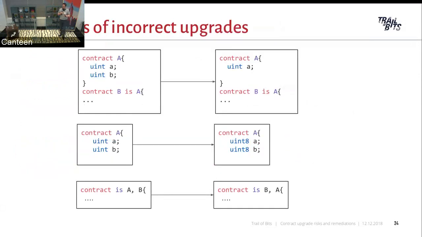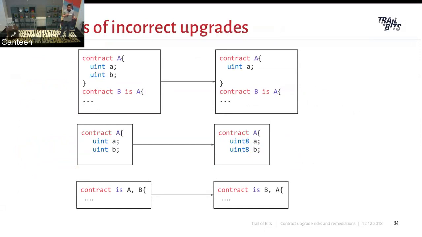So this is just one example of what can go wrong. There are many other issues that can arise. For example, if you remove one variable and you have multiple inheritance, you will change the order of declaration because in the second contract, the variable that was, for example, the third one will become the second one in the array of contract.